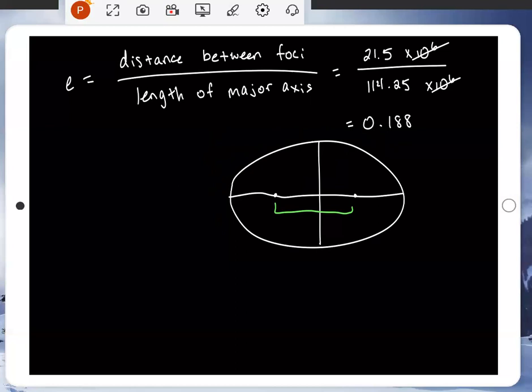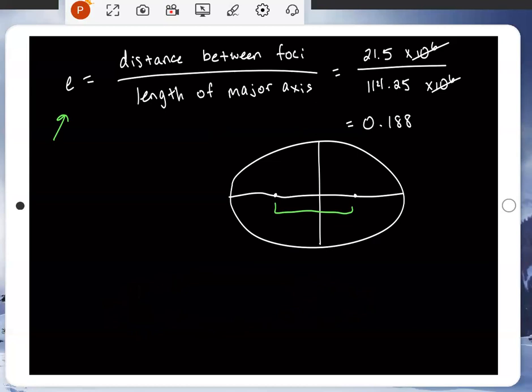I'm sure we did it right, though. Yes. And that is the eccentricity, which tells us how elongated my ellipse is. So that picture is not even truly correct. It would be more elongated, like that.